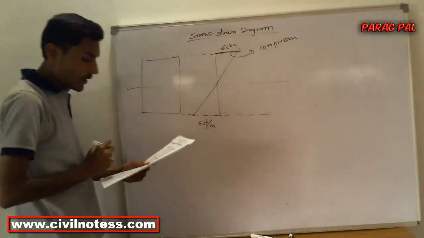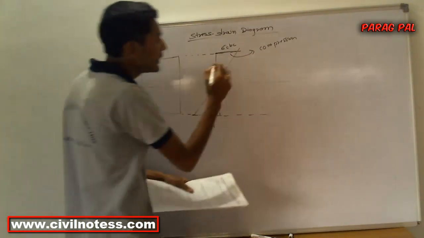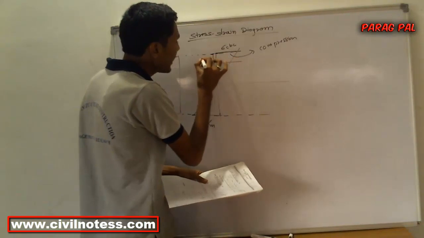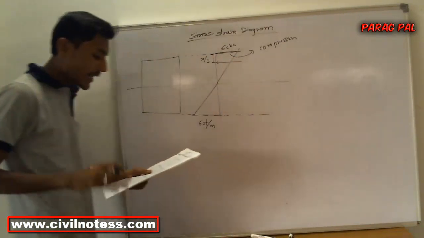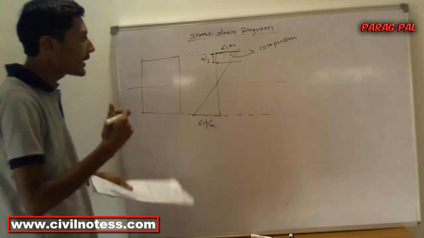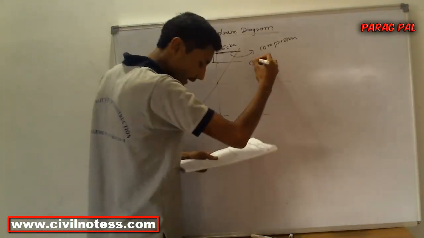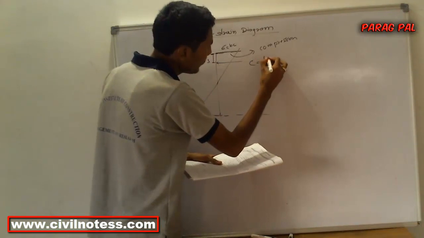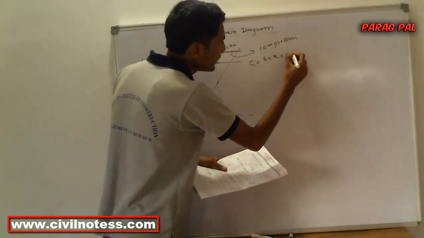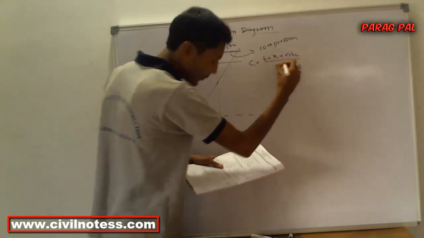Now, whatever is up to this portion, it is taken as x by 3. I'll explain exactly what x is and all this. The C is taken as b into x into sigma CBC by 2.